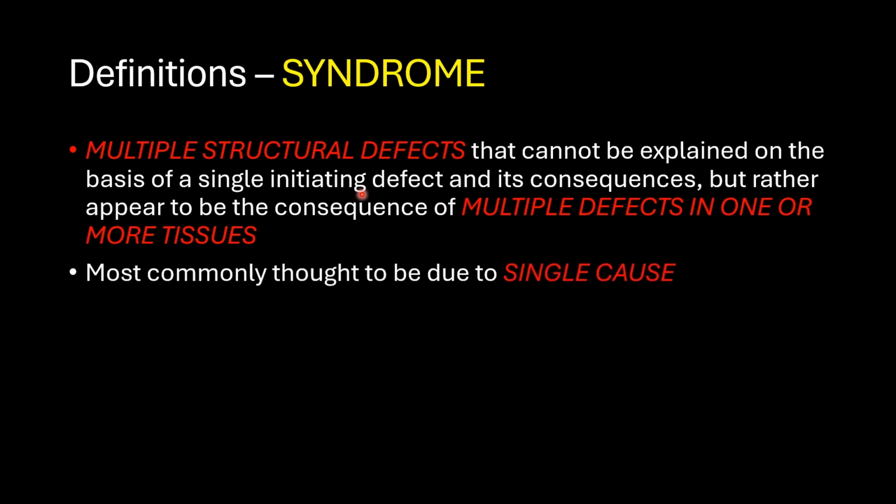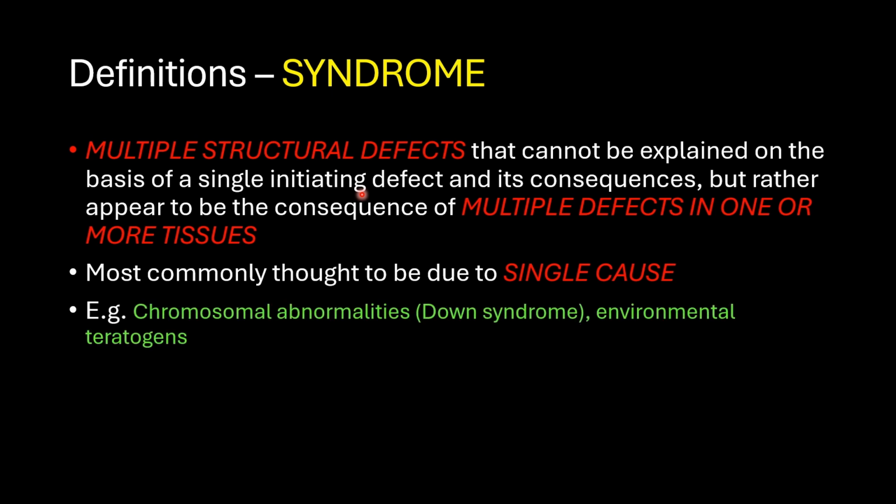Most commonly the syndromes are thought to be due to a single cause. The classical example you can think of is Down syndrome. The initiating or single cause is the trisomy 21 or a Robertsonian translocation. That single cause leads to multiple structural defects, for example, intellectual disability, congenital heart defect, hypothyroidism, single transverse palmar crease, Kennedy crease, all those things.